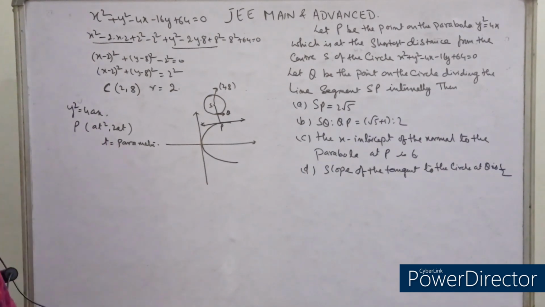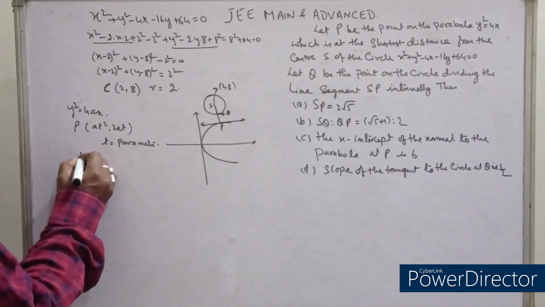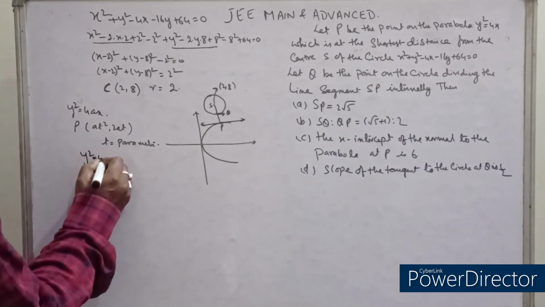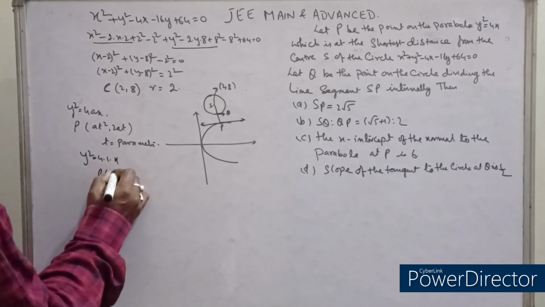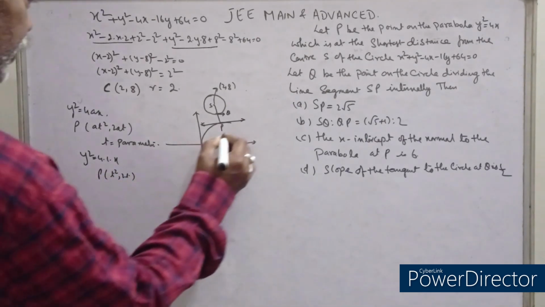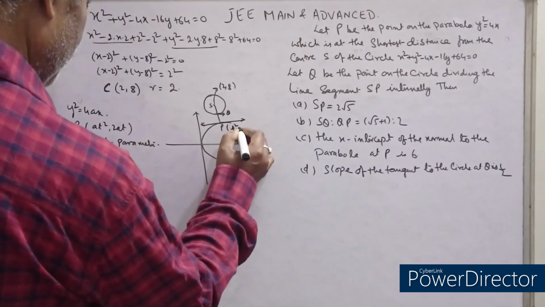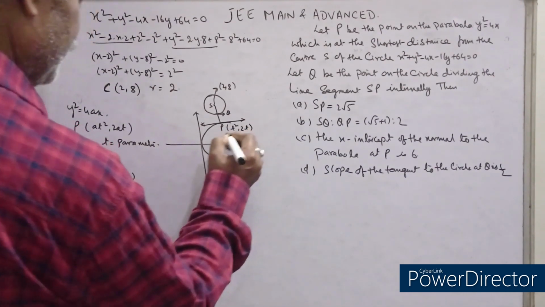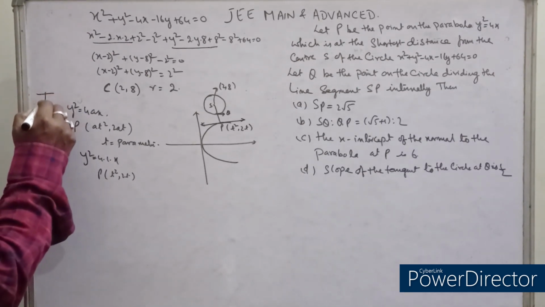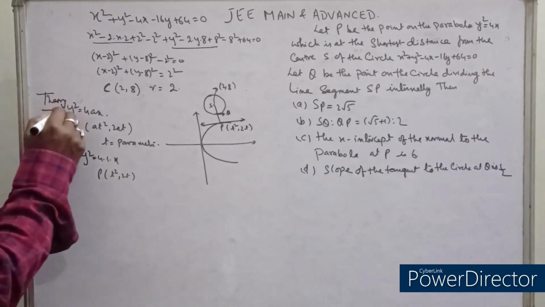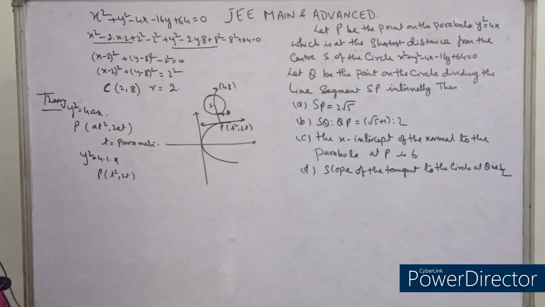So here your parabola is y square is equal to 4 into 1 into x, so the point P will be t square comma 2t. This is the point P here. This is your theory, and according to this theory, this is the point P.